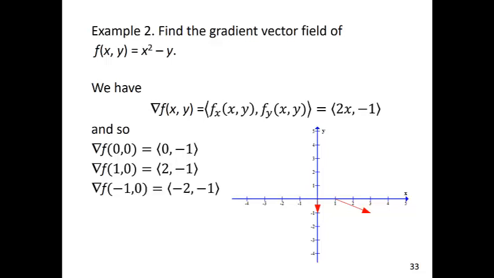One final one: we take the point negative 1, 0 to the vector negative 2, negative 1. Starting at the point negative 1, 0, we will sketch a vector which points to the left 2 and down 1 unit. So here are just a few vectors. If we wanted a more complete picture of this vector field, we would sketch more vectors or even use some sort of computer program to help us get a better picture of what's happening.